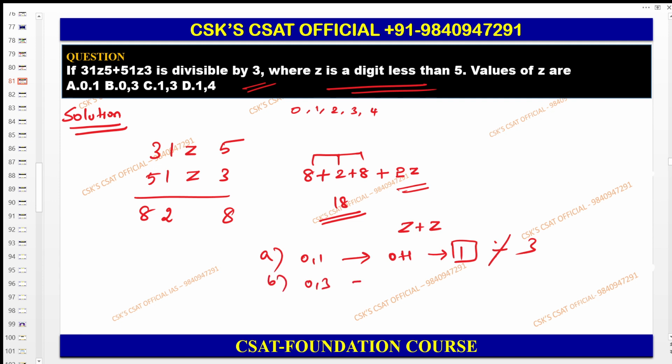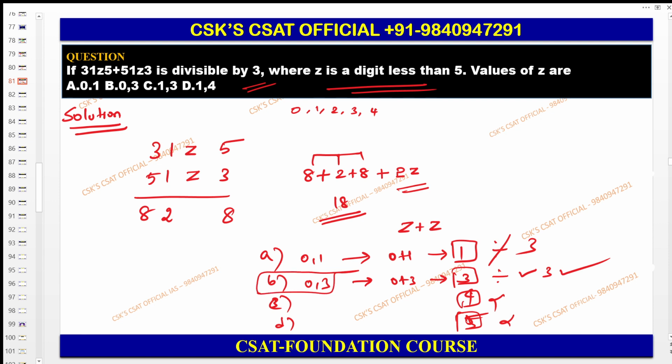Now 0 comma 3, 0 plus 3, here it is 3, it is divisible by 3, right. So now let us check the others. It gives you 4, leave it. Next one gives you 5, that is also wrong. So therefore C and D are also wrong. Only one option we are having, that is option B, 0 comma 3 is the right answer.